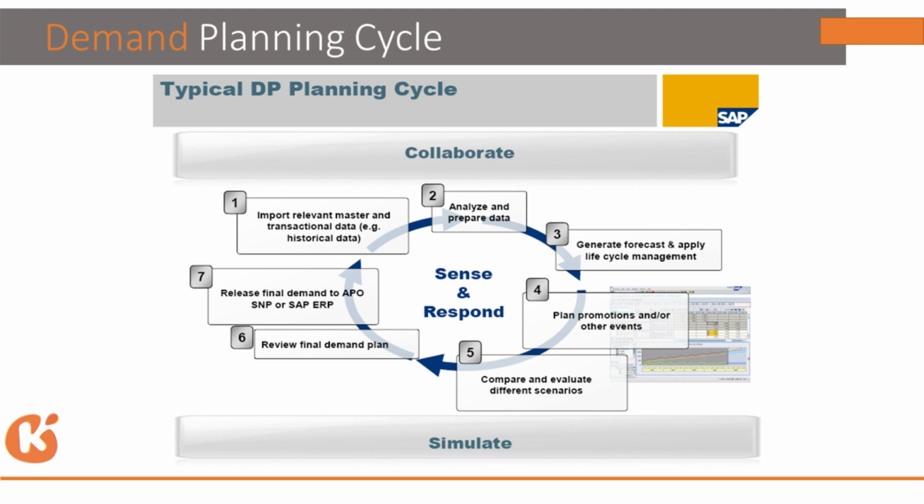So basically demand planning is a monthly cycle. Every company uses the forecast as a monthly cycle. It means every month we are going to take the past 36 months of history data and generate a forecast for the next 24 months or 18 months or 36 months, depending on the company.